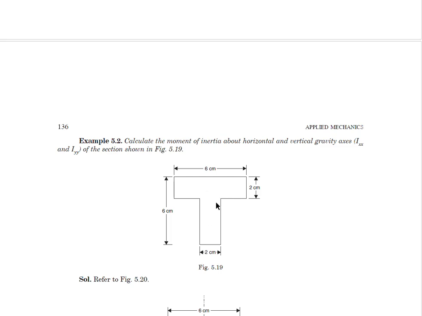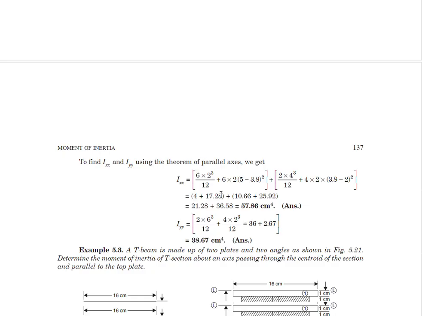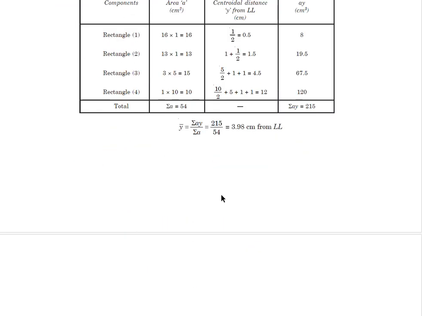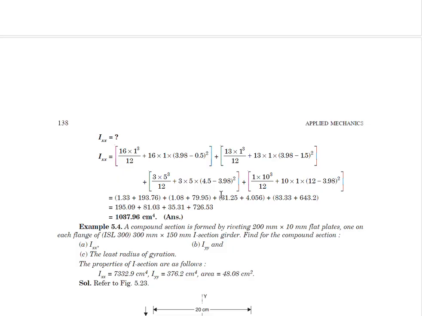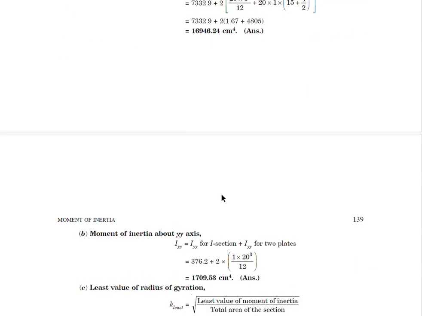Common CG means the CG of the T shape altogether. This is a solved example. You can do some practice on this, and using the procedure you can solve any such kind of problems given over here. Okay, thank you.